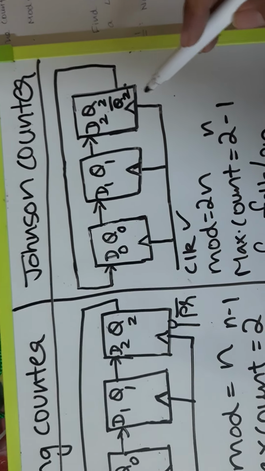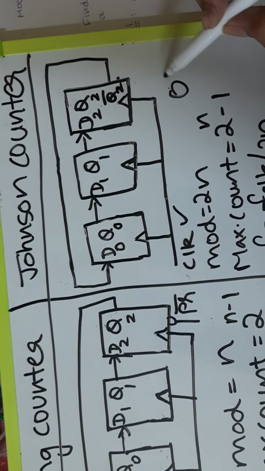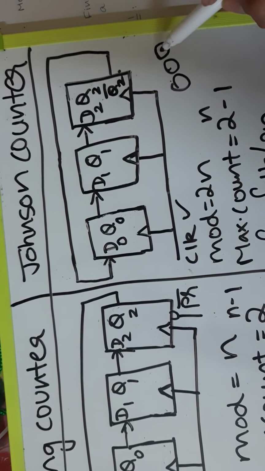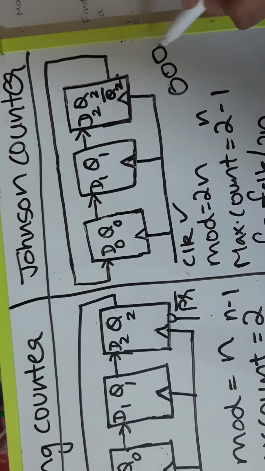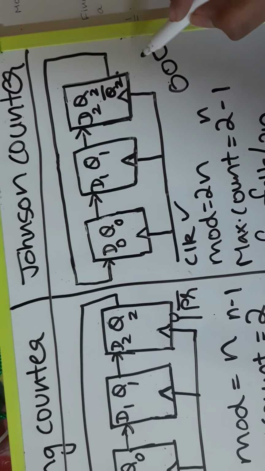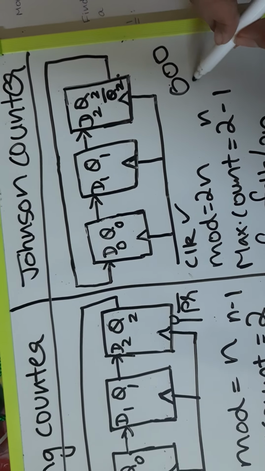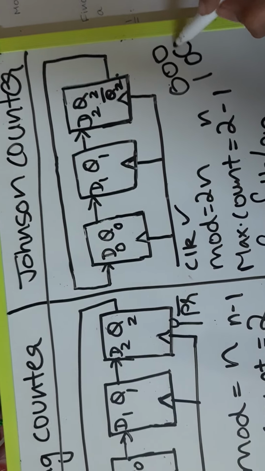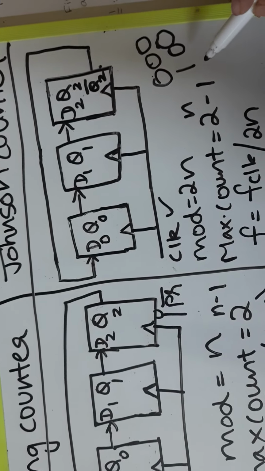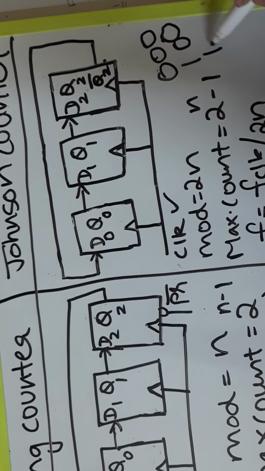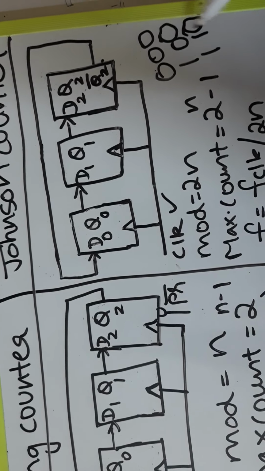For example, if my initial value is 0, 0, 0, my next value will be Q2 bar, which is 1, and that will get shifted towards the right side. So it will now become 1, 0, 0. Same way, again Q2 bar will be 1 and it will be shifted. So it will be 1, 1, 0 and so on.